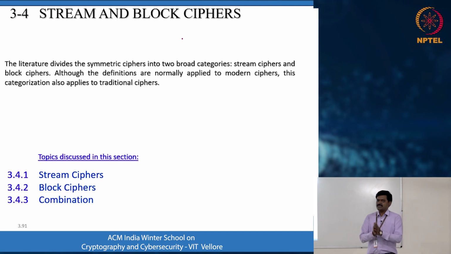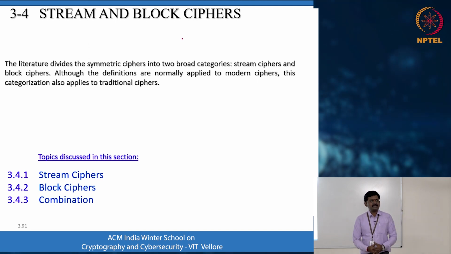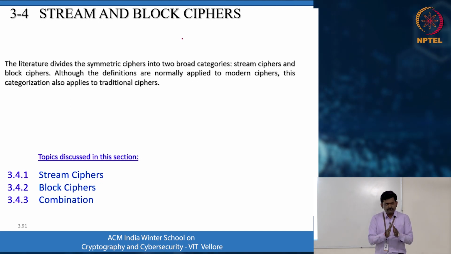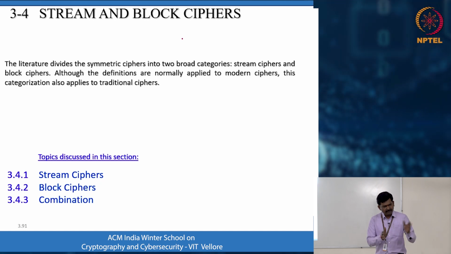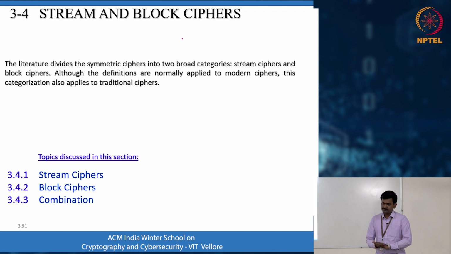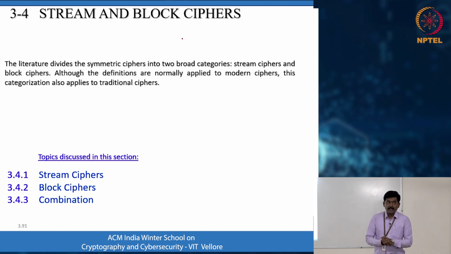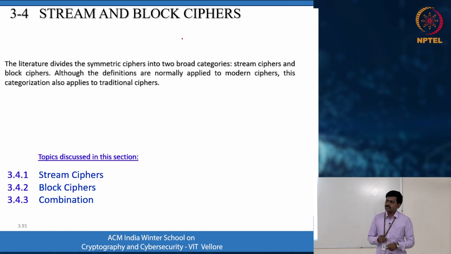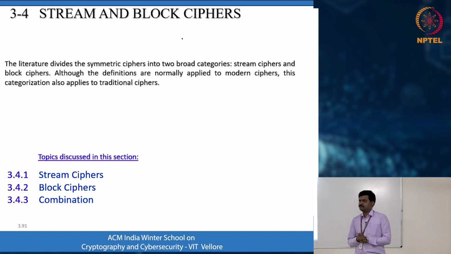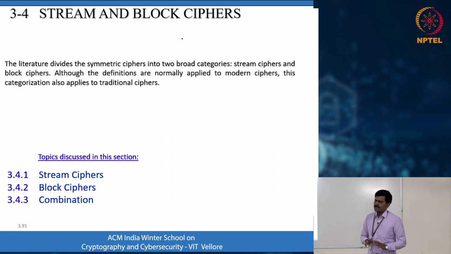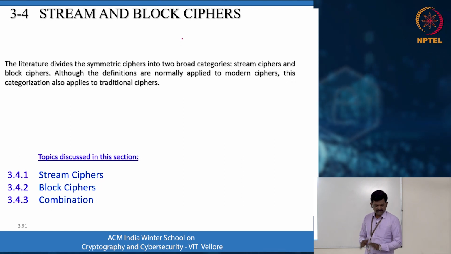Now, with this, we stop the classical ciphers. What we are going to discuss all is the modern ciphers. Okay. So if you notice, have we observed any cipher which is both substitution and permutation? I repeat, have you noticed any cipher which is both substitution and permutation? Have you noticed any cipher which is both stream and block?